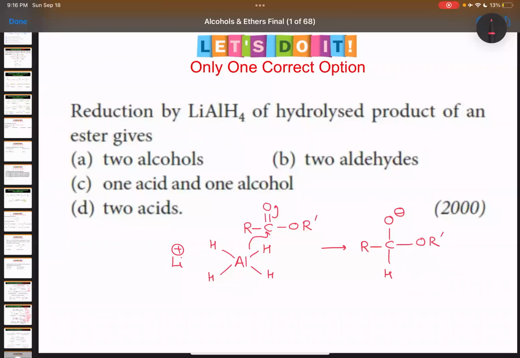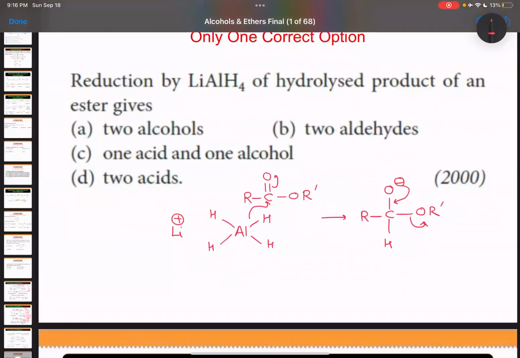This is the nucleophilic addition of H minus. The double bond C=O will form again, and it will push away this OR group, the alcohol group. So you will end up with this one and R'OH.